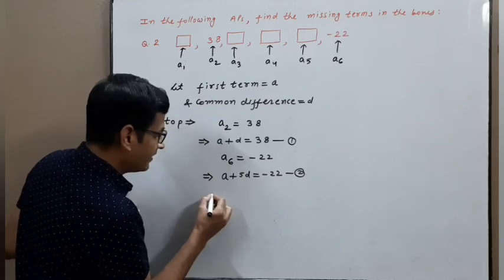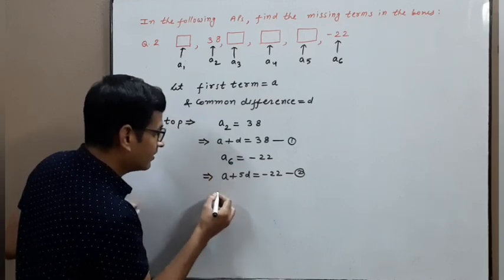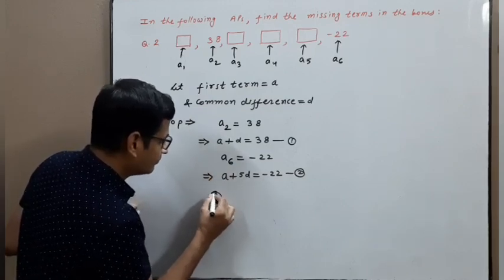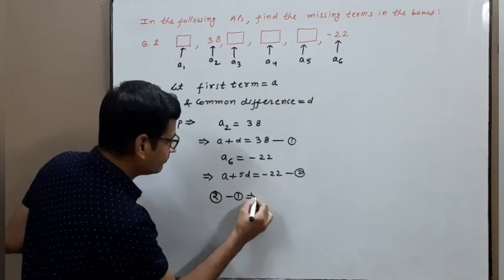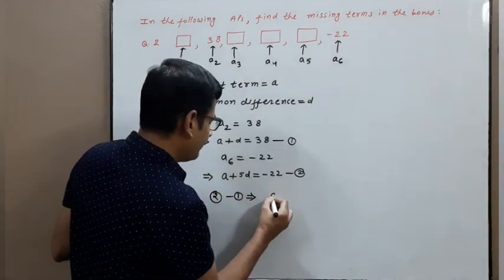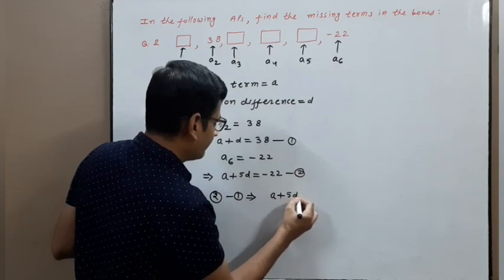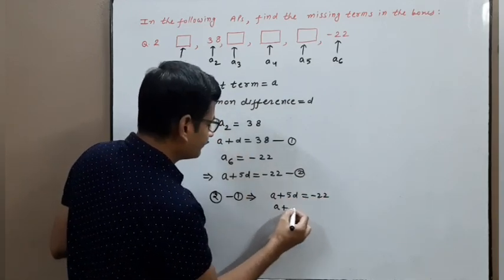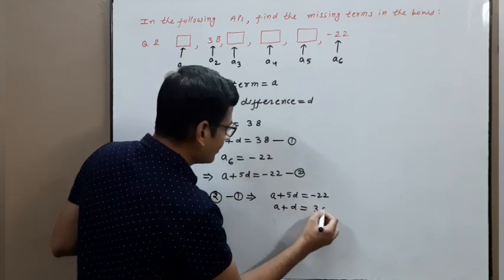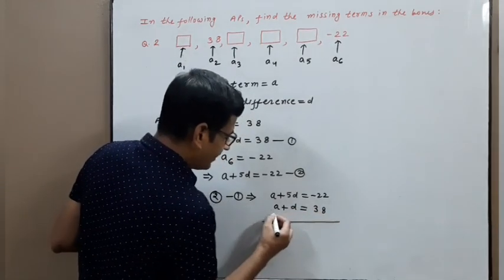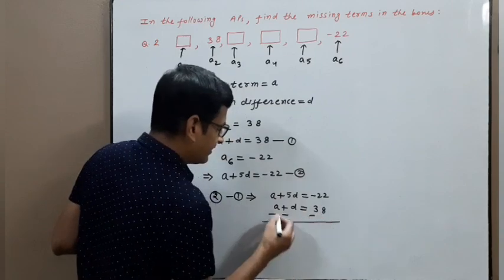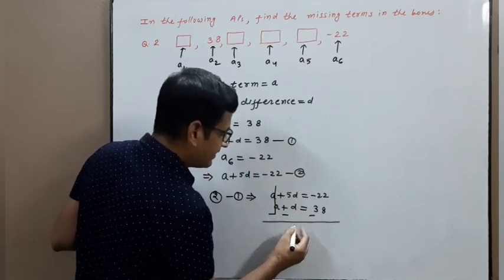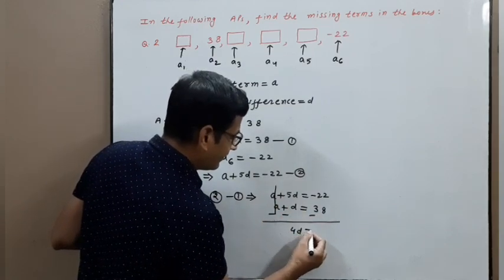So now subtract equation 1 from equation 2. A plus 5D equal to minus 22 and A plus D equal to 38. Now subtract: A minus A cancels. 5D minus D is 4D.